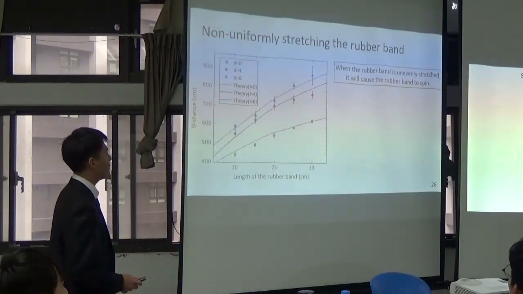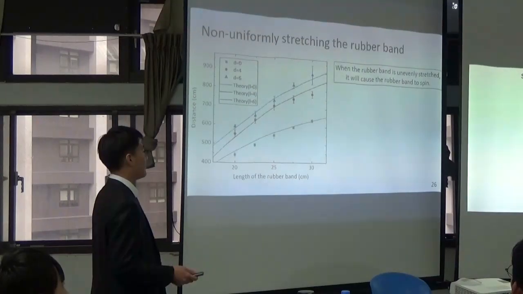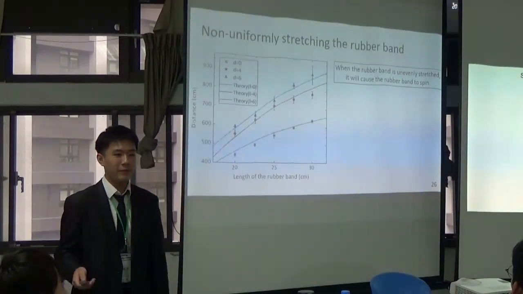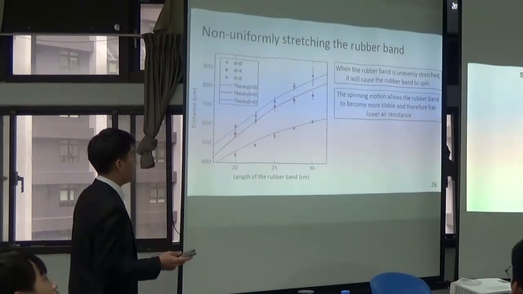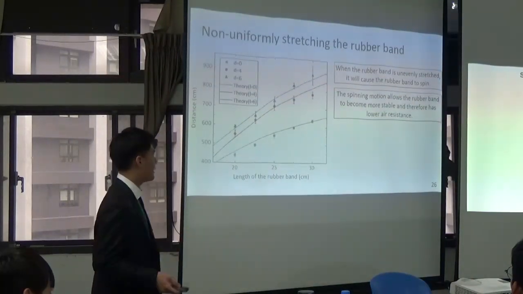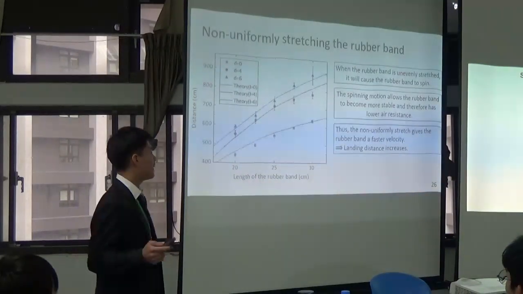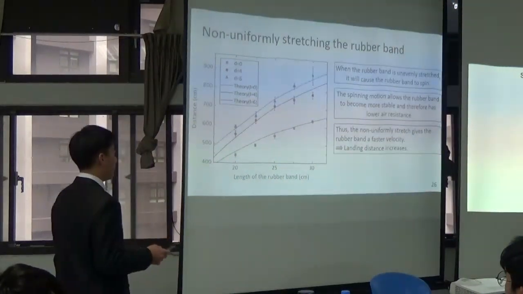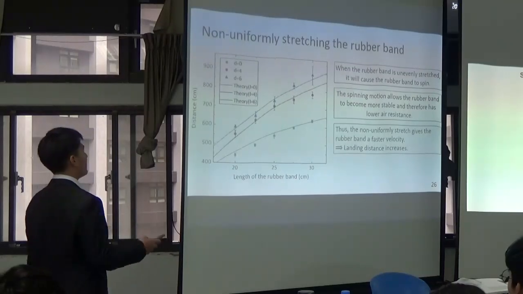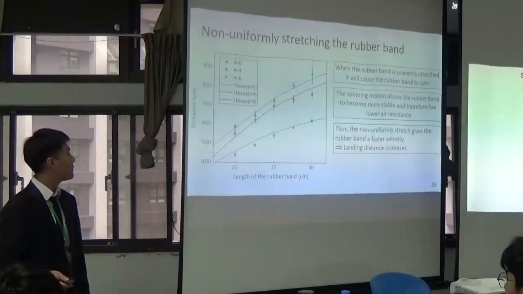And also, we can know that when a rubber band is unevenly stretched, it will cause the rubber band to spin, right? So the spinning motion allows the rubber band to become more stable and therefore lower air resistance. And thus, the non-uniformly stretched band gives the rubber band a faster velocity, and therefore landing distance increases.